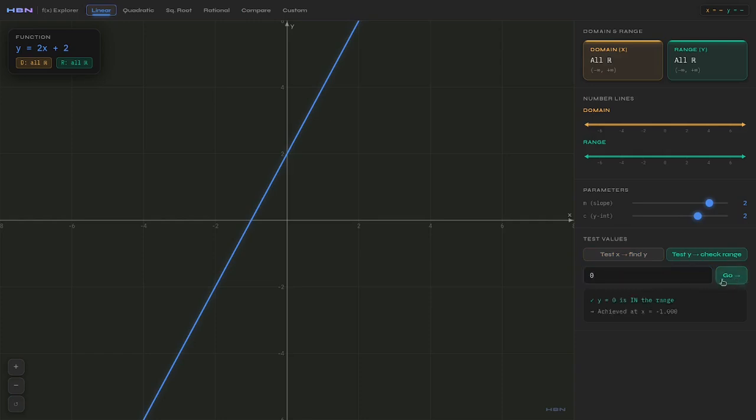So if I put 0 here, it will tell me that it is achieved at x equals -1. This is the x equals -1. We have 0, -1, 2. And at x being equal to -1, my function will yield a 0. You see, so on a graph, the most important thing is coming to identify this point over here. You are good to go.